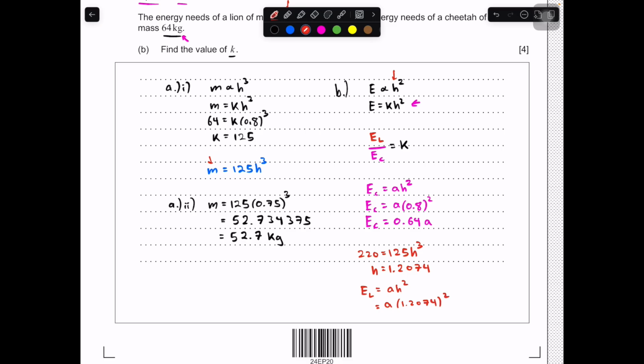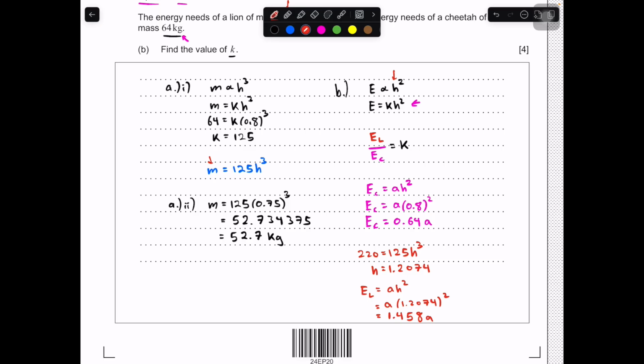I'm going to work that out right here on the calculator that I have, 1.2074 squared, and this will give us a value of 1.458, and then a, because it's times a.